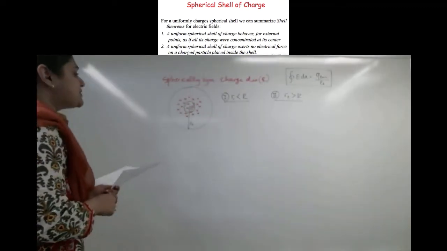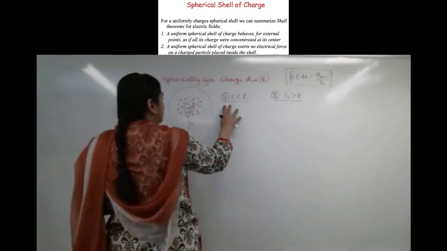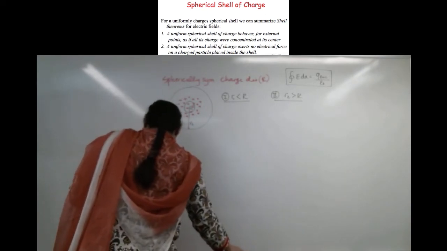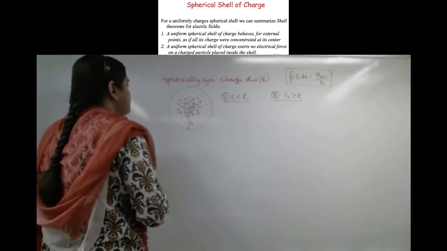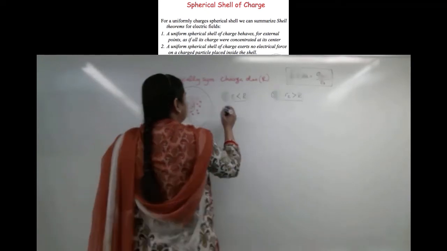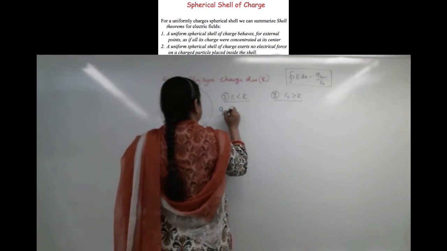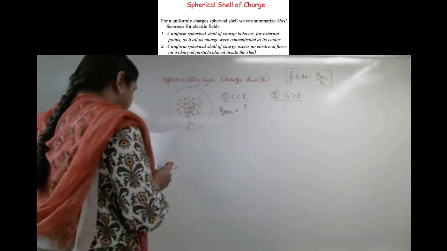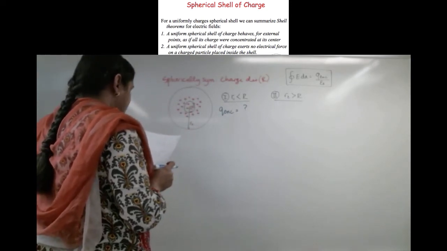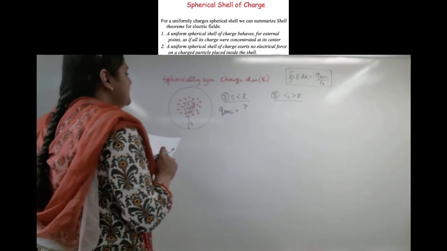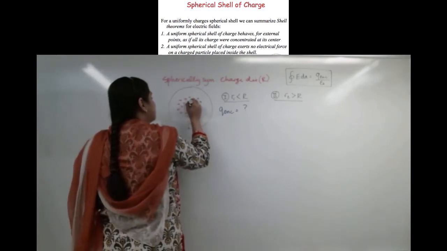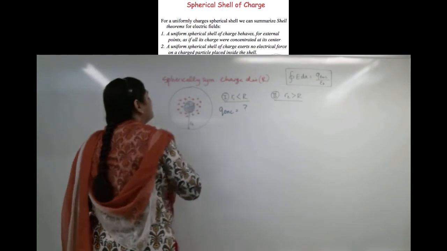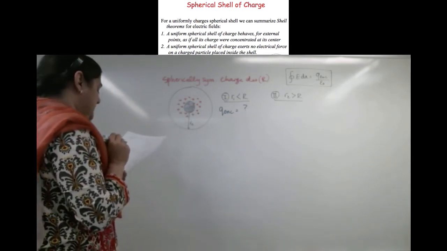Now let's talk about what happens in case 1, when R1 is less than R. Q enclosed is what we are looking for, right? I only need the Q enclosed that's in this area. That's the only Q enclosed that I am worried about.